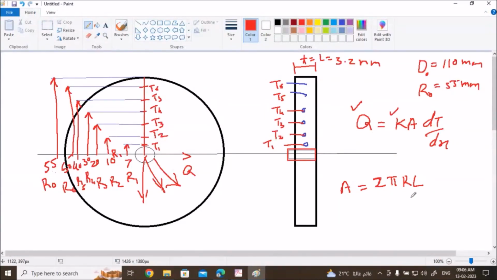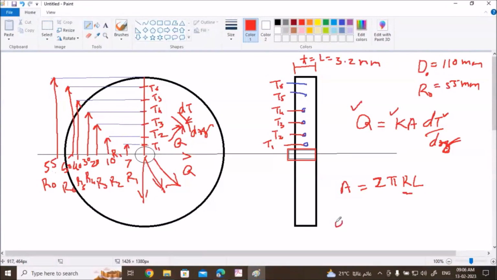So L is a constant, but R is varying from R1 to RO. So R is variable here. Area is not constant now. Temperature is changing, and here x is nothing but r. So I will change this law as dT by dr. If you consider a small elementary radius dr, what is the heat flowing in this direction and what is the temperature change dT?